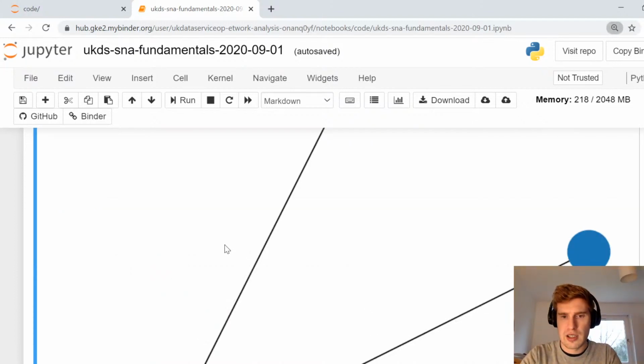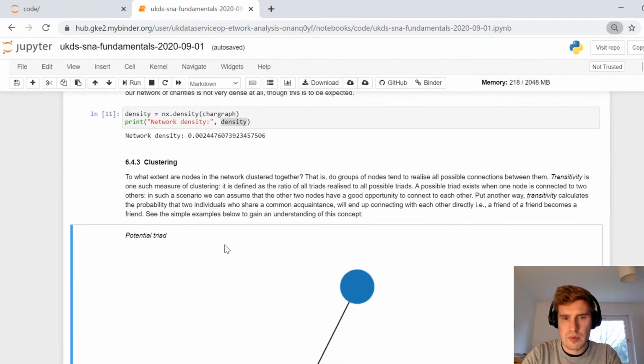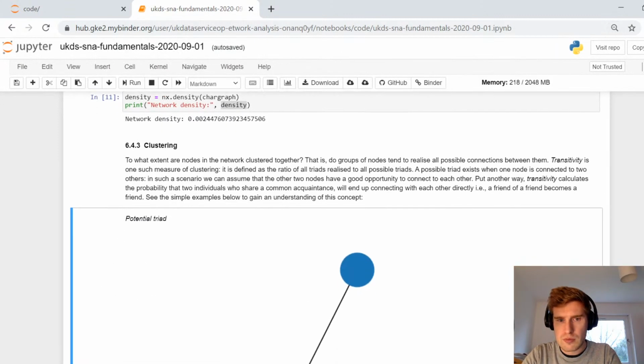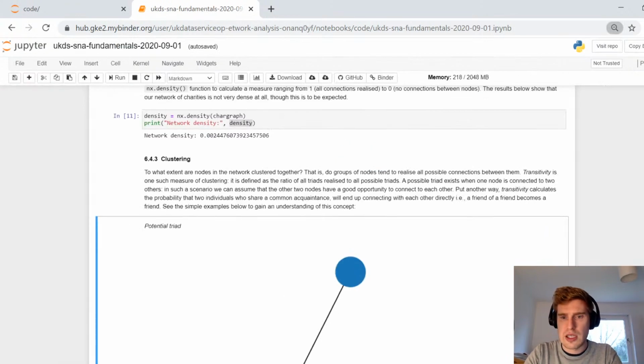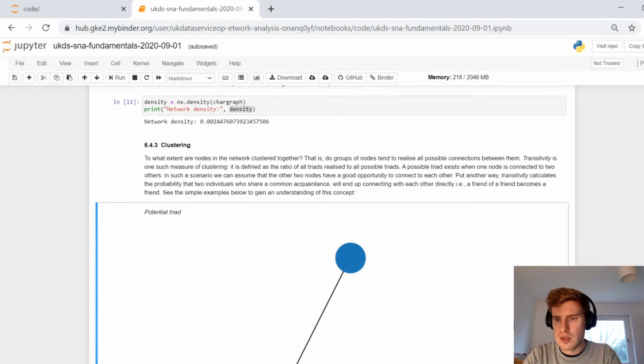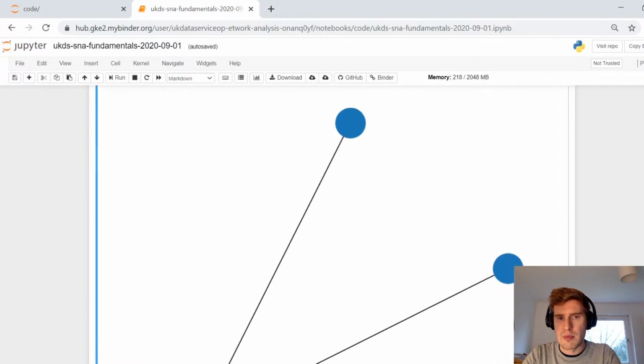It's better to look at this visually. A connection between 3 organisations would be known as a triad, so a trio of connections.